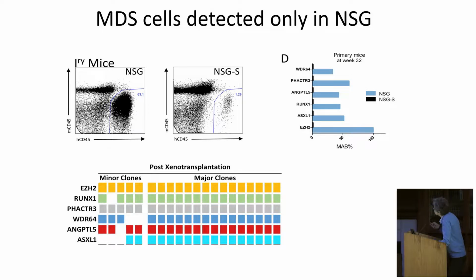And when you sacrifice the mice and look at this population of cells and the presence of the malignant clones, interestingly enough, this is the NHG, this is the NHGS. When you look at 32 weeks, there were still human cells in these mice, but when you look at the mutant burden on all of these mutations, none of these mutations were present in NHGS, only in NHG were they present.